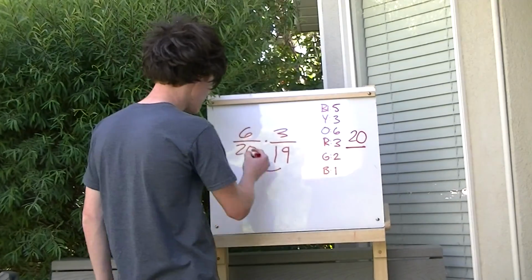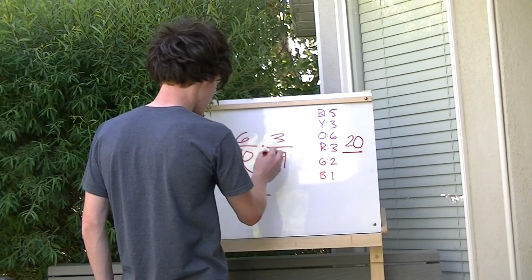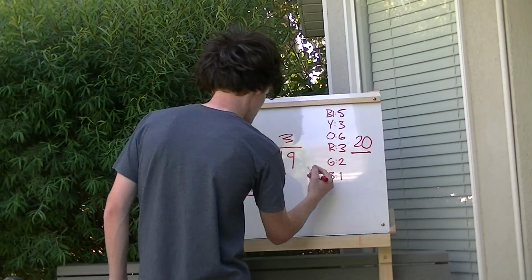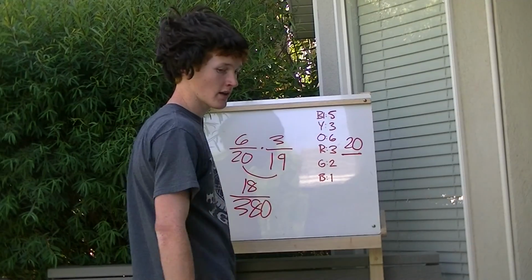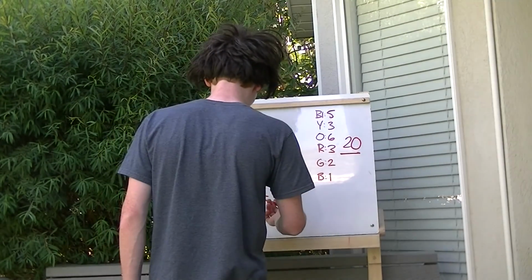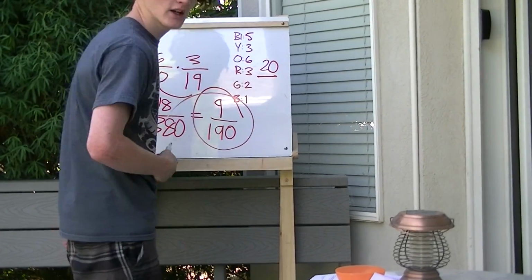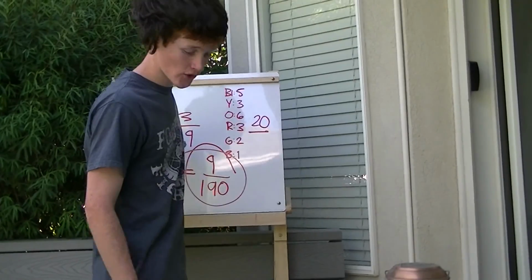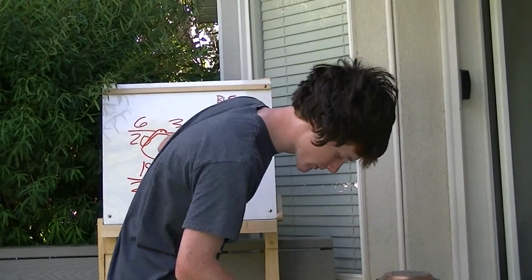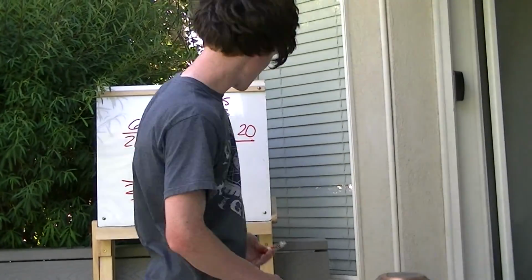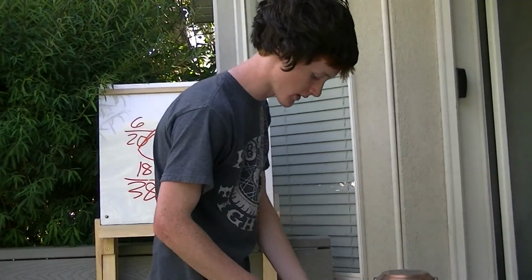So you multiply across, 18 over something. I don't even know. This would be 380. I don't even know if that is simplified. Which simplified is 9 over 190. This is called a dependent event, and the previous was an independent.